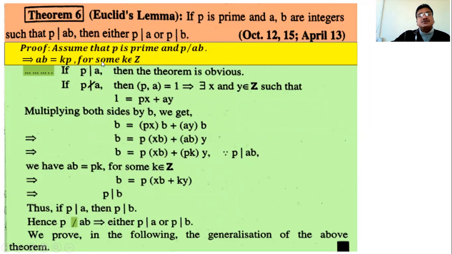So if I assume P divides A, then there is nothing to prove, the theorem is obvious. If P divides A is true, then the statement P divides A or P divides B is true, because two statements joined by OR are true if one of them is true.